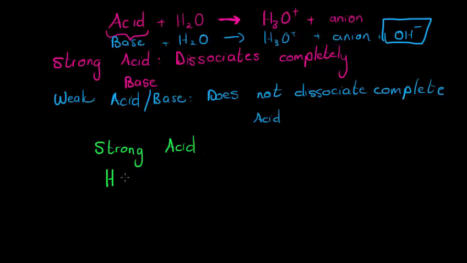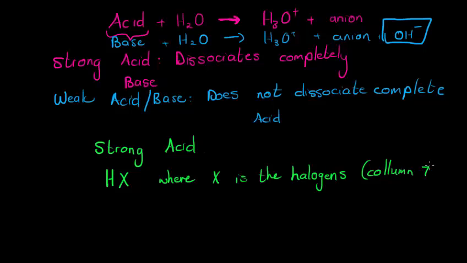One thing you can remember is HX, where X is a halogen, that's column 7 on your periodic table, the second last column. Those usually form strong acids, with the exception of one. Hydrofluoric acid is a weak acid.